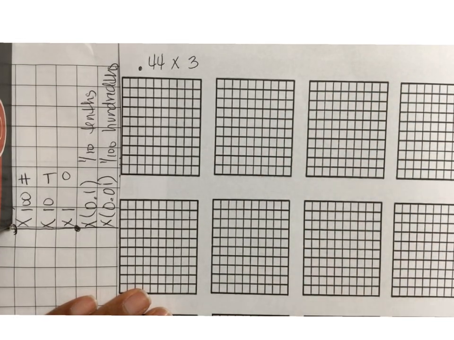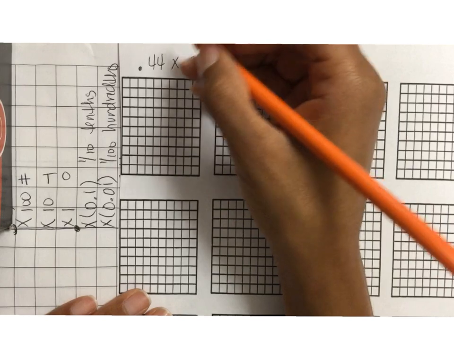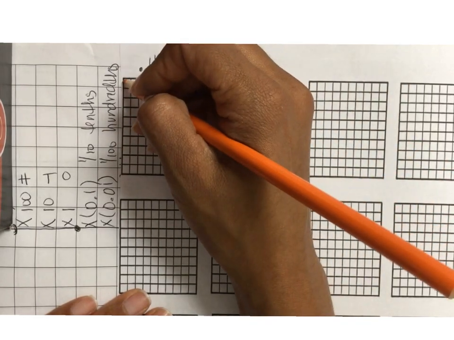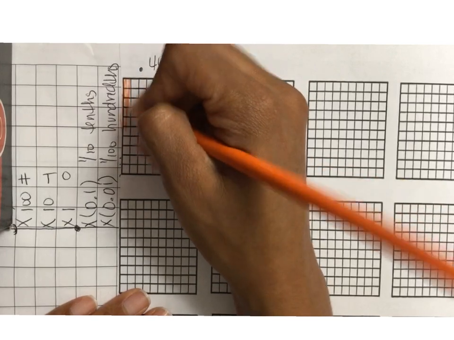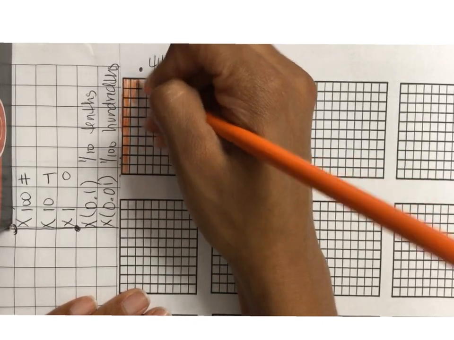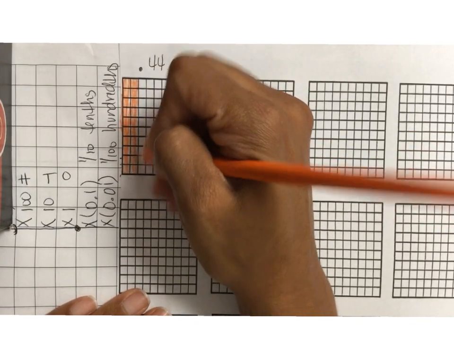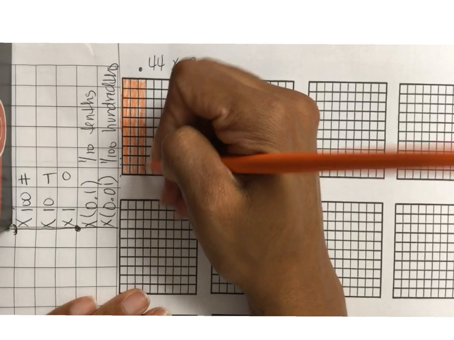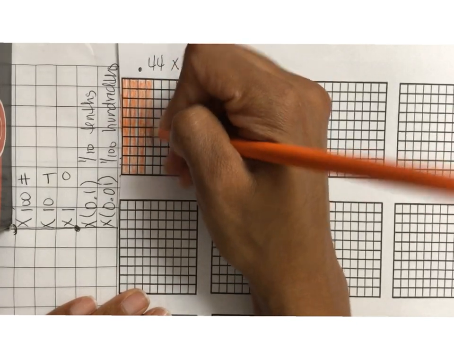Now this 4 represents the tenths place value. So I'm going to do 4 tenths, which would be a whole rod. This is now 2 tenths. This is 3 tenths. This is 4 tenths.